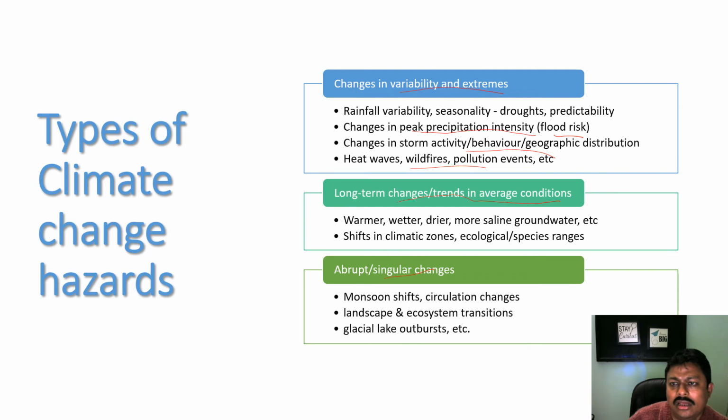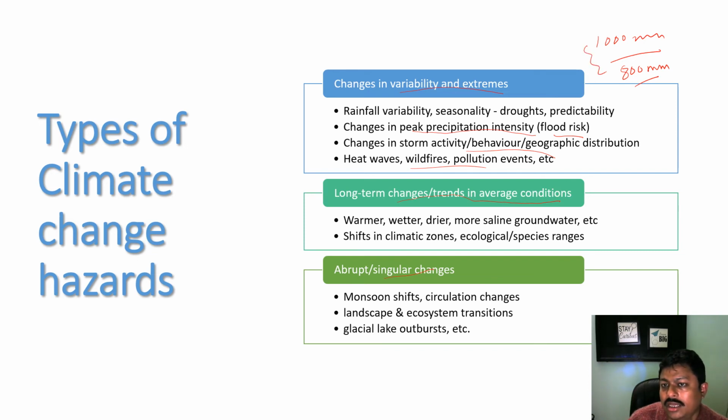An example is, suppose a flood happens in a location due to 1,000 millimeter rainfall, and suddenly you see that even with 800 millimeter rainfall, flood is taking place.